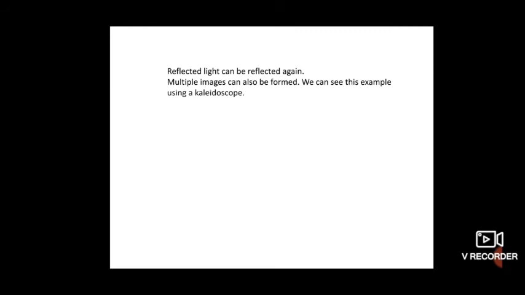We can see an example using a kaleidoscope. What is a kaleidoscope? In page 204 in activity 16.6, we can also make our own kaleidoscope. Okay, if you have these cardboards, strips of mirror, and some disc and pieces of plastics, if you have all these things available with you, you can also make your own kaleidoscope.